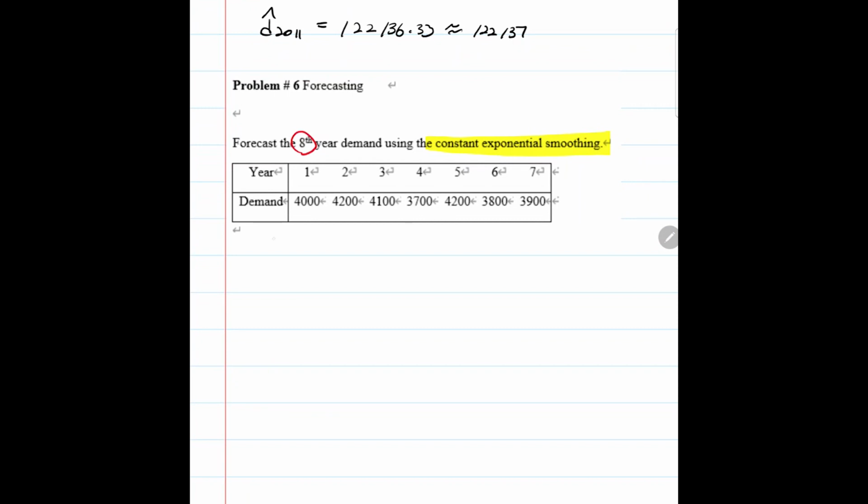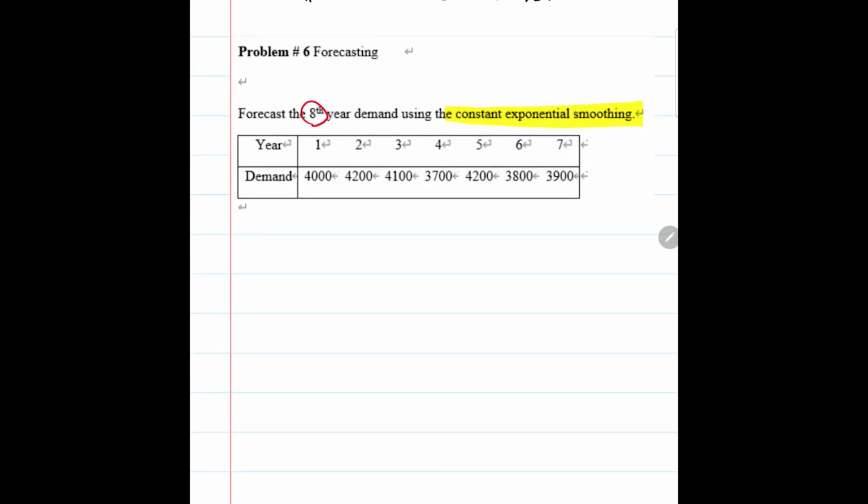Okay, let's copy the data first. So period 1, 2, 3, 4, 5, 6, 7, and demand are 4,000, 4,200, 4,100, 3,700, 4,200, 3,800, 3,900.